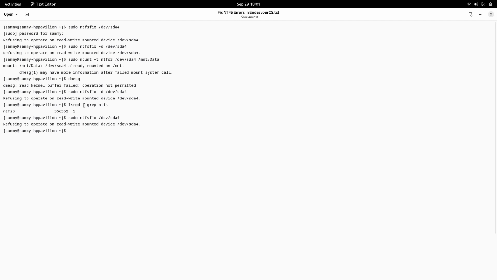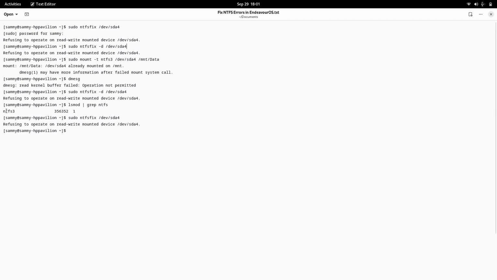You can also test if the partition is not mounted. Sometimes the NTFS driver, that is the NTFS-3G driver, is not loaded. So you have to check whether the driver is there. Issue this command: lsmod, space, the vertical bar symbol that is on your keyboard, then grep ntfs.